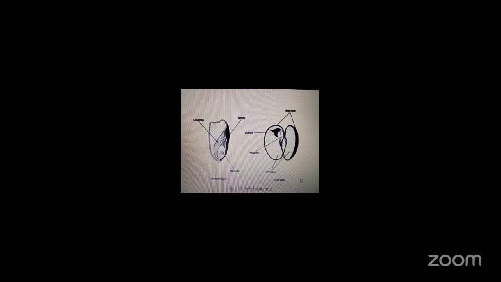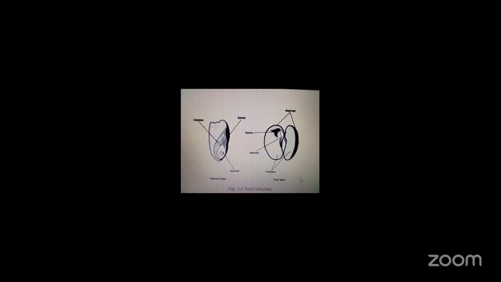Another one is the embryo. The embryo is a rudimentary plant present on an axis, with one tip known as the plumule. The plumule is responsible for the shoot portion, and the other tip we call the radicle.